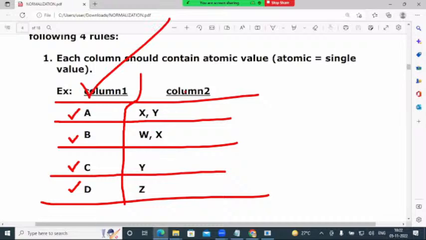But in column 2, the first row cell has multiple values, x comma y. The second row also has w comma x. These are called groups of values. The remaining ones are okay, but these two are not satisfied. When your table is like this, it does not qualify as a normalized table. Is the first rule clear to all of you?